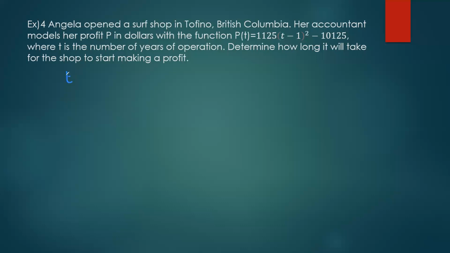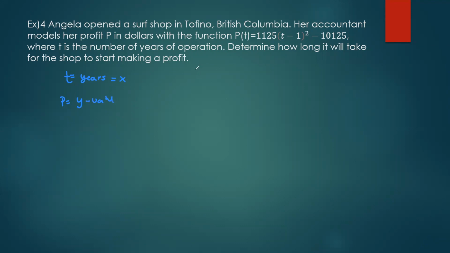So they said that T is going to be years, which I believe is going to be your X axis. And then your profit is going to be your Y values, right?